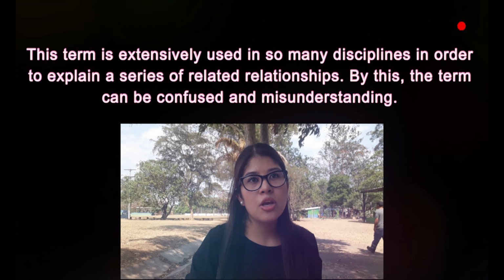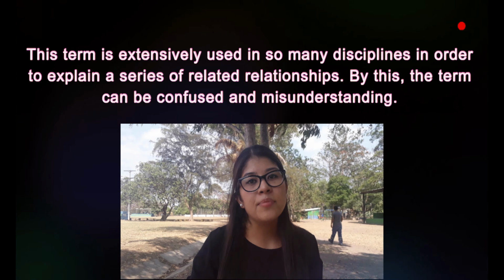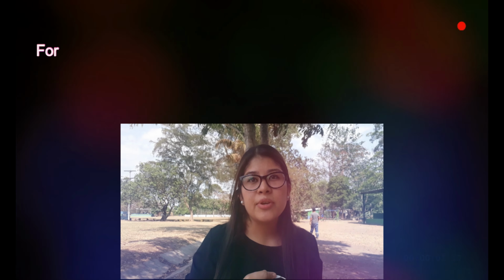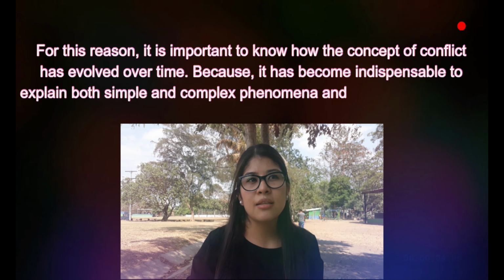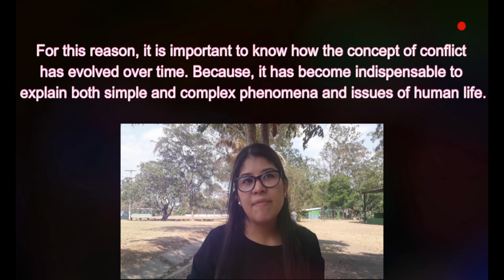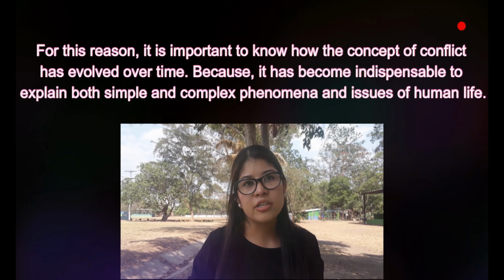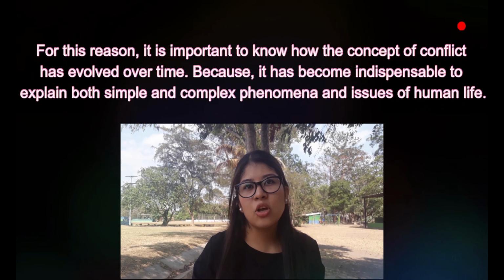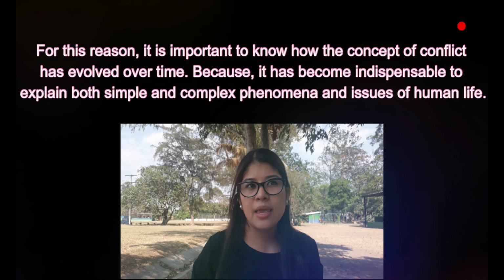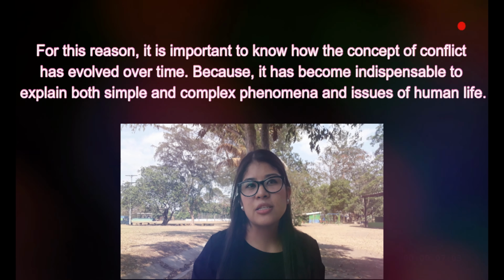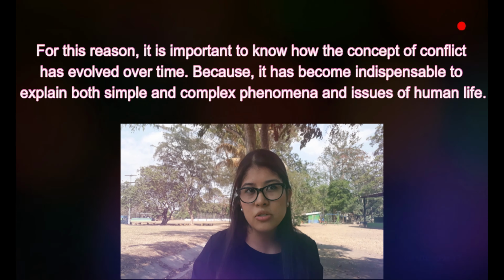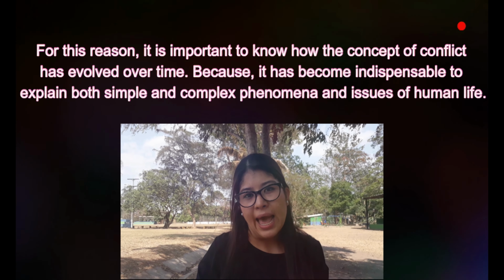Because of this, the term can be confused and misunderstood. For this reason, it's important to relate how the concept of conflict has evolved over time, because it has become indispensable to explain both simple and complex phenomena and uses of human life.